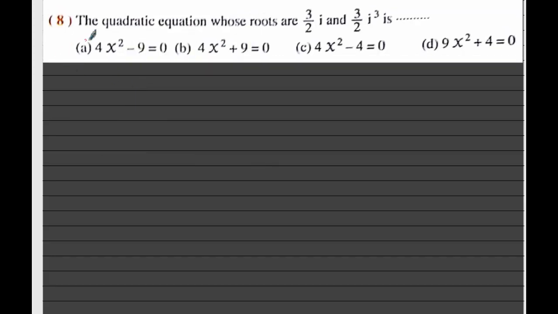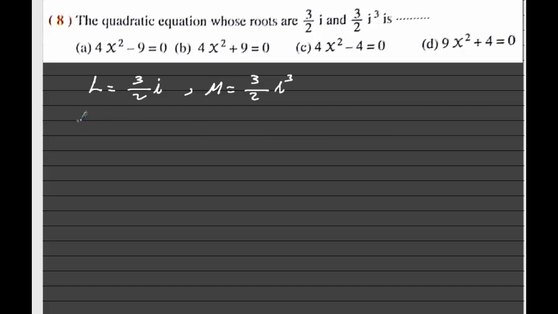Question number 8. The quadratic equation whose roots are L equals 3 over 2i and M equals 3 over 2i to the power 3. Okay, now it is also required to write the quadratic equation.